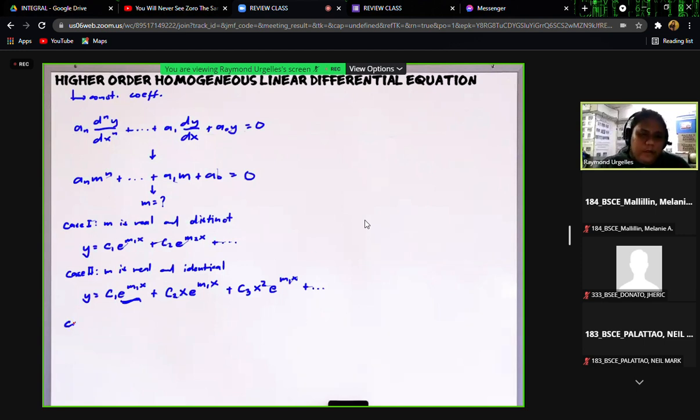Case 3 is when our m is complex and distinct.